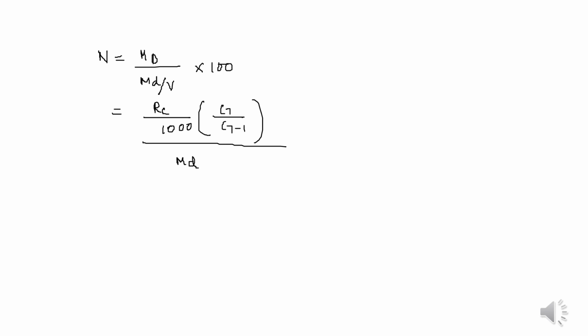Now divided by V, V is the volume of the distilled water with which the soil suspension has been made, and suppose we take it as 1000 milliliter, and the percentage finer is expressed in percentage, so into 100.